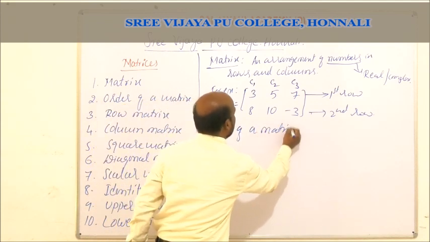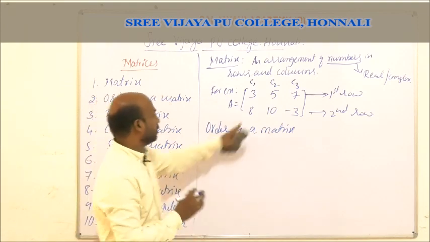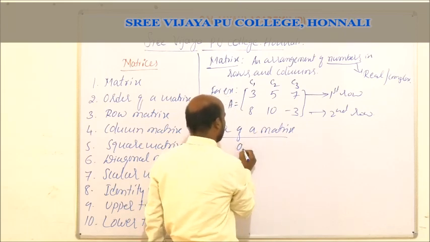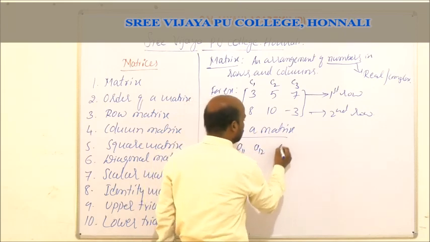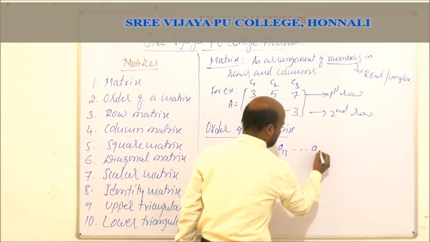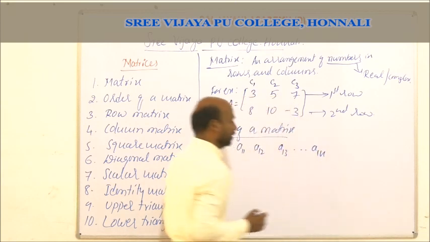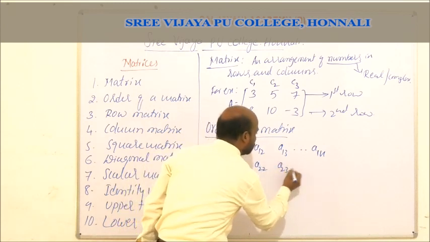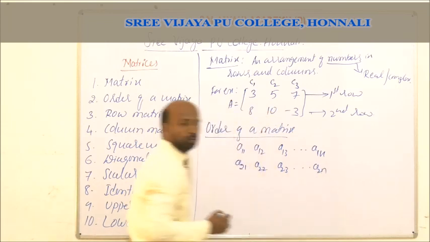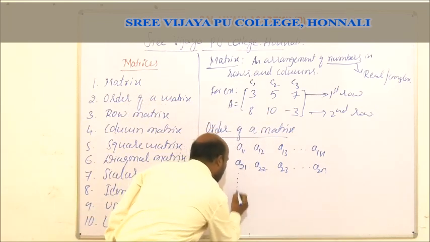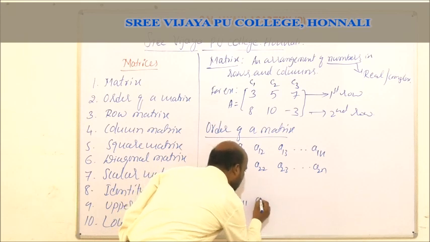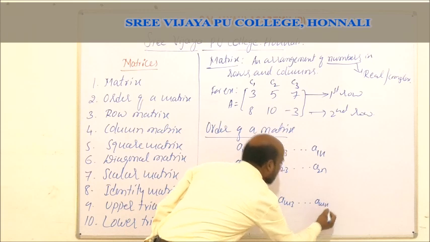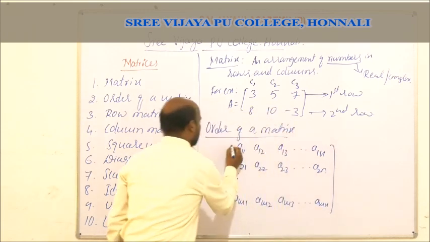Let us represent the matrix in general: first row A11, A12, A13, up to A1n, then A21, A22, A23, up to A2n, and so on, up to Am1, Am2, Am3, up to Amn.